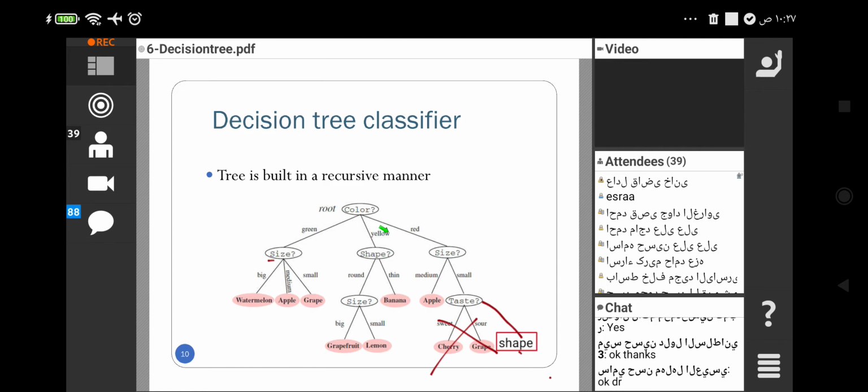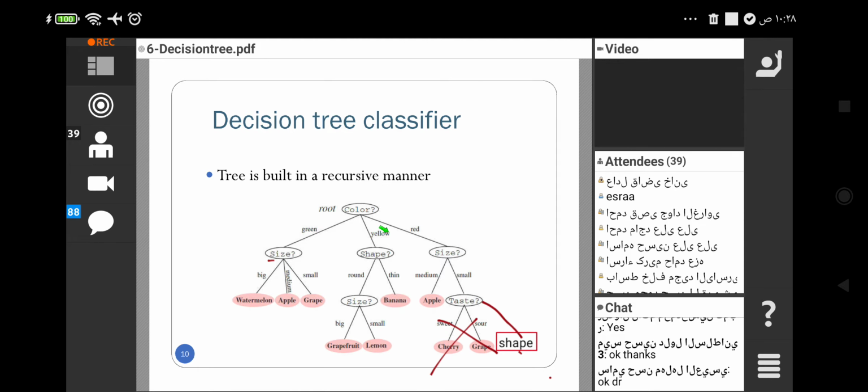Nobody could understand how a neural network is working. It is like a black box, and inside it is a complex learning model. But in the decision tree, the learning model is a tree, and everybody could understand what this tree is doing.